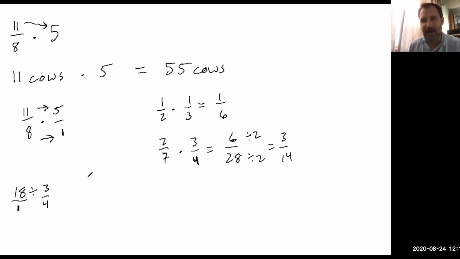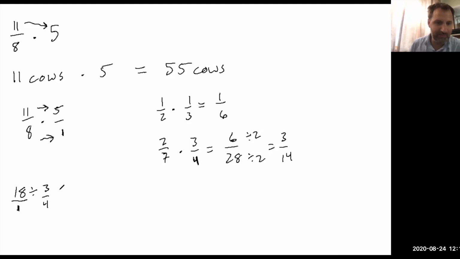Now, it turns out that multiplication and division are the same in the way that addition and subtraction are the same. You can divide straight across. The problem is that division is not forgiving. I can do 18 divided by 3, no problem, but 1 divided by 4, that's not as nice, right? That's a fraction. It's not an even thing.